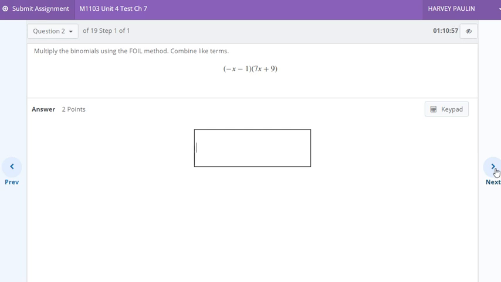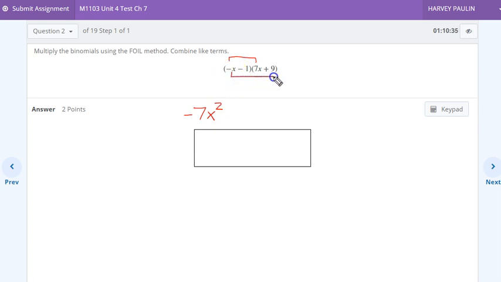Now here we are asked to FOIL. So we'll do the same thing. Remember, you can pause anything to try it ahead of time. So our first will be a negative 7x squared.